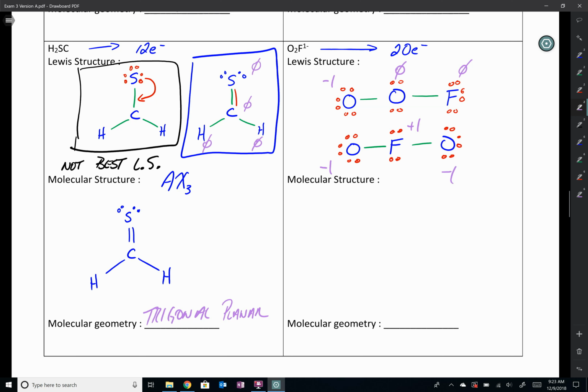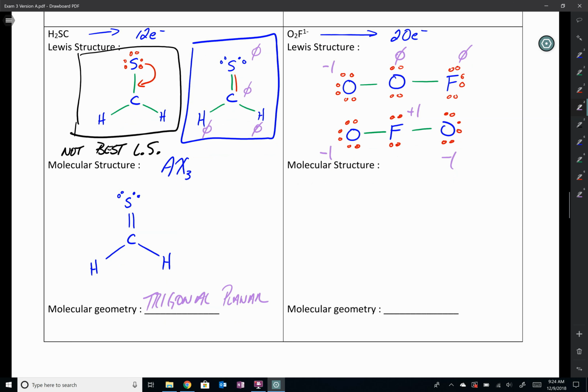So the reason why the one on top is better for us is because we minimize our formal charges, and we do not have a plus on our fluorine. So let me just erase this abomination here so we don't get confused. All right, so that's what we're going to be working with.